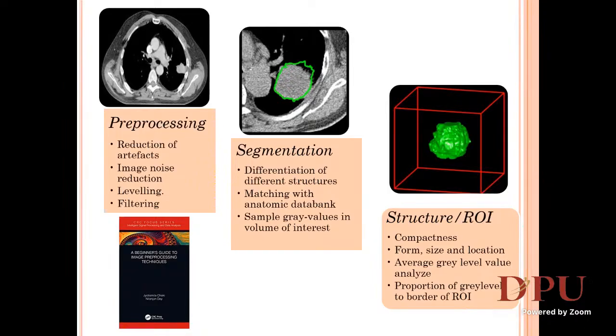Then we try to come up with a segmentation strategy. There are n number of segmentation algorithms by which we try to identify which is your region of interest and which is your non-region of interest.